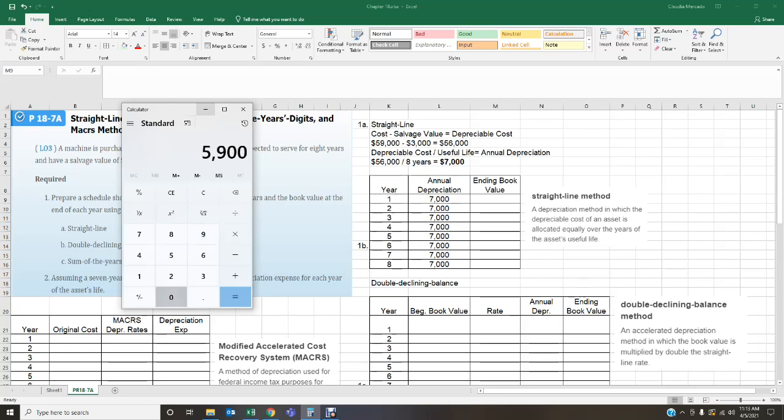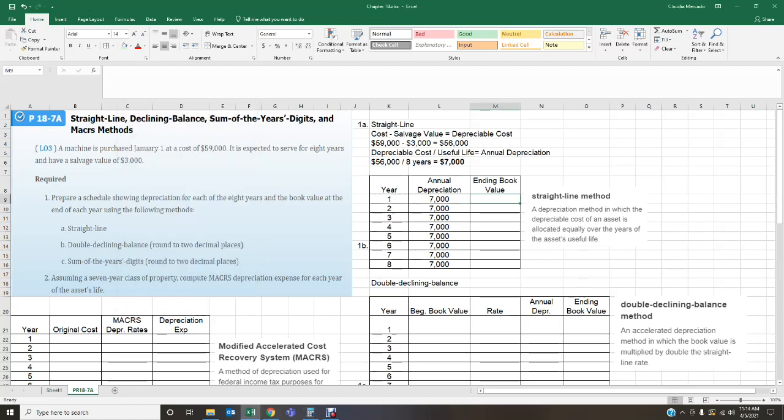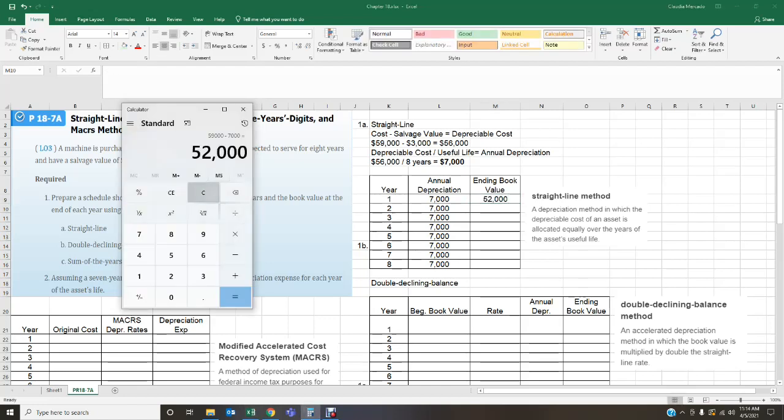This asset cost me $59,000, and I'm going to subtract my annual depreciation, which was $7,000. So that gives me $52,000. What did I do once again? I got my cost, which was $59,000, minus my annual depreciation of $7,000. That gives me $52,000 for year 1.